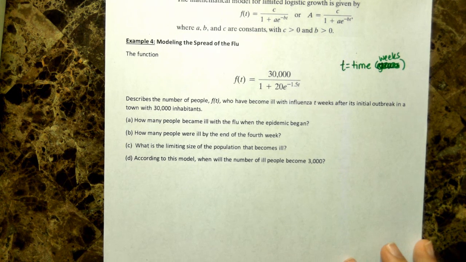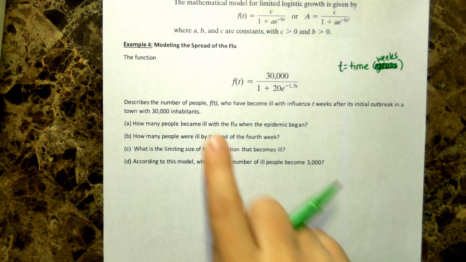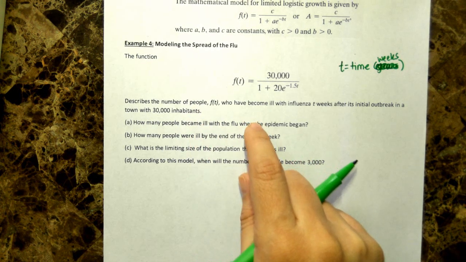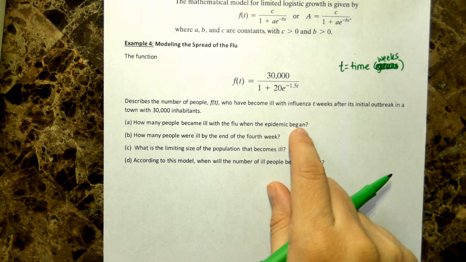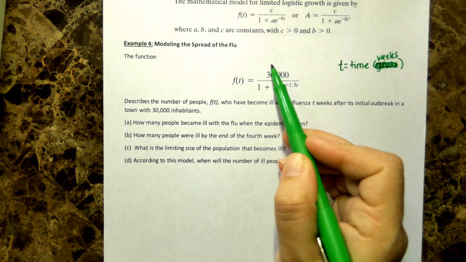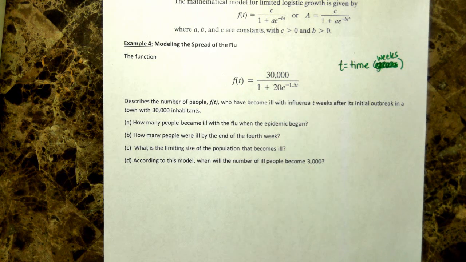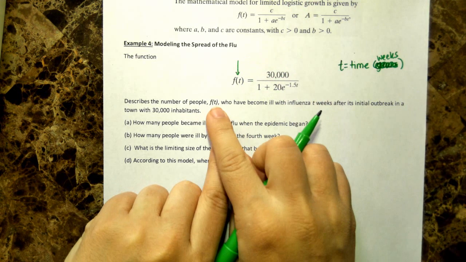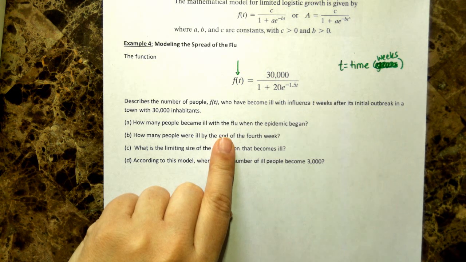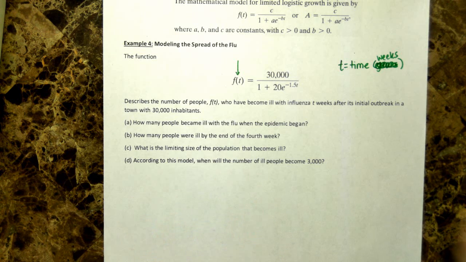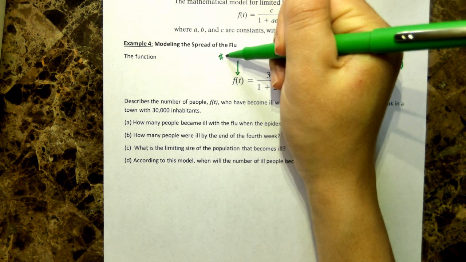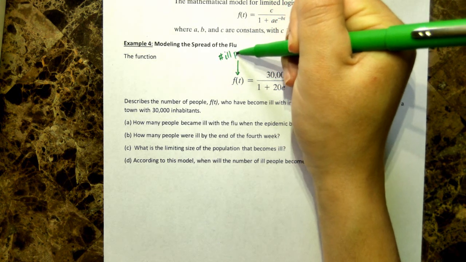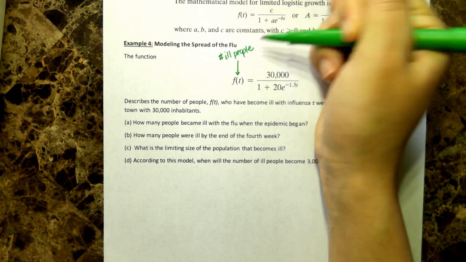Okay. So the first question says, how many people became ill with the flu when the epidemic began? Now this model tells us, remember, f of t is how many people have become sick. So the number of ill people with the flu.